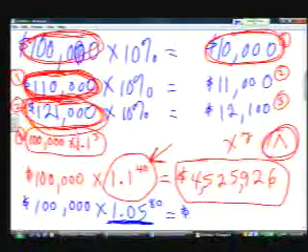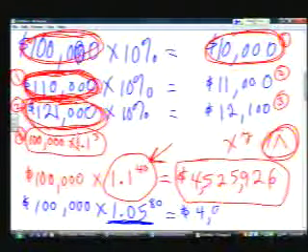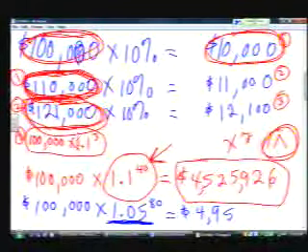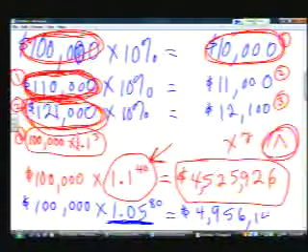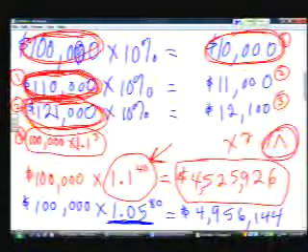Now move the decimal point 5 places to the right. So you would get $4,956,144. So by just compounding twice a year, it makes quite a bit of difference.